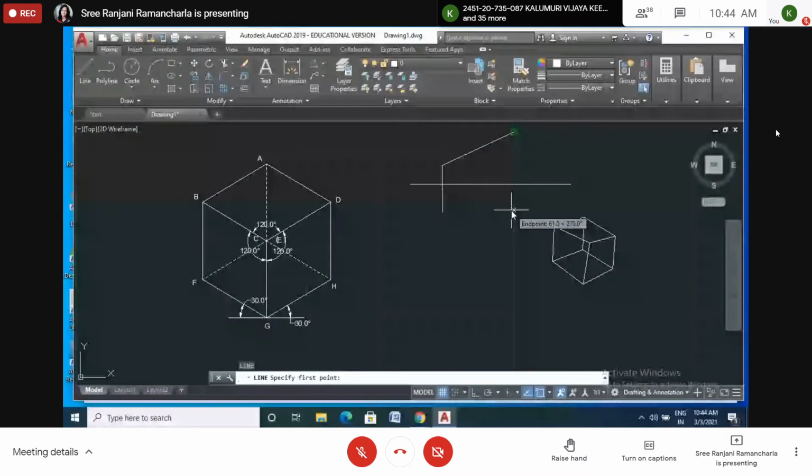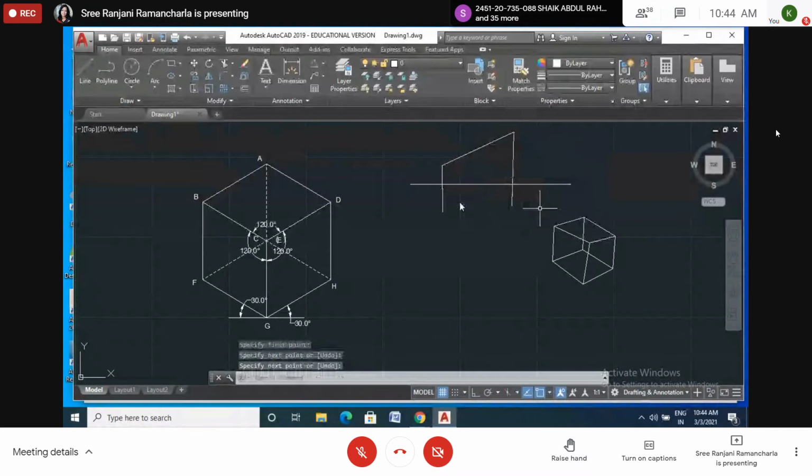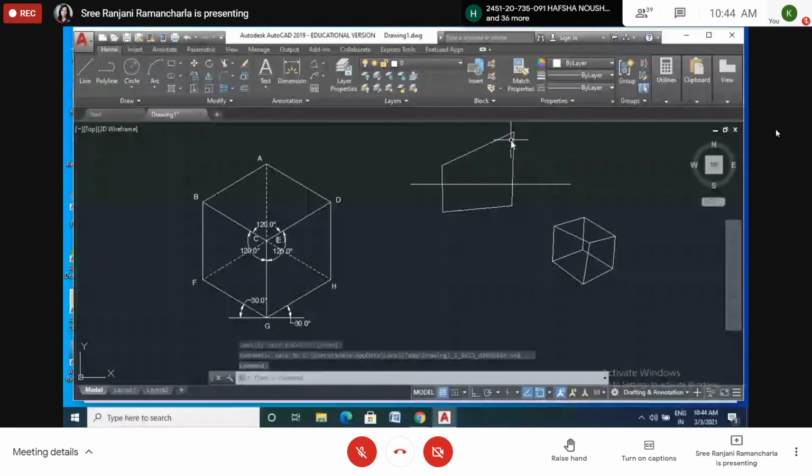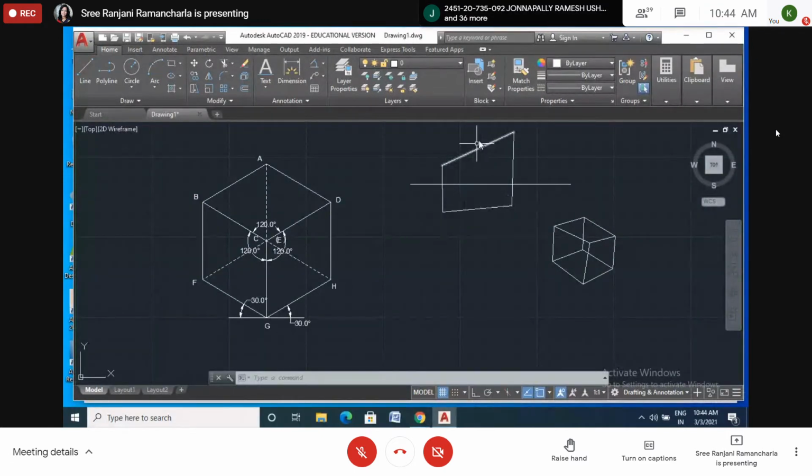We have drawn this in the projection of lines, right? If it is inclined to HP and parallel to VP in the front, this line is reduced. Suppose this line is 50 mm. After inclination, this won't be 50 mm. This is the reduced length.